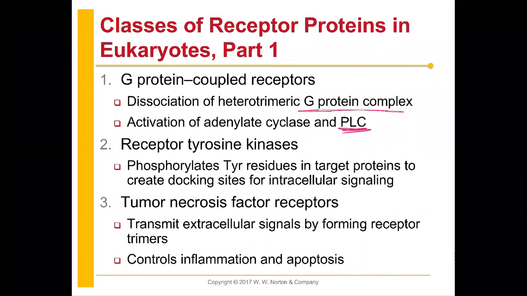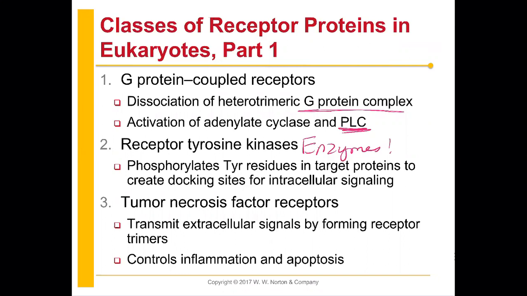Another class is our receptor tyrosine kinases. These are enzymes, so they actually phosphorylate tyrosine residues in target proteins. And so once those target proteins are phosphorylated, now they can go and dock or go and bind to other molecules to induce that intracellular signaling.